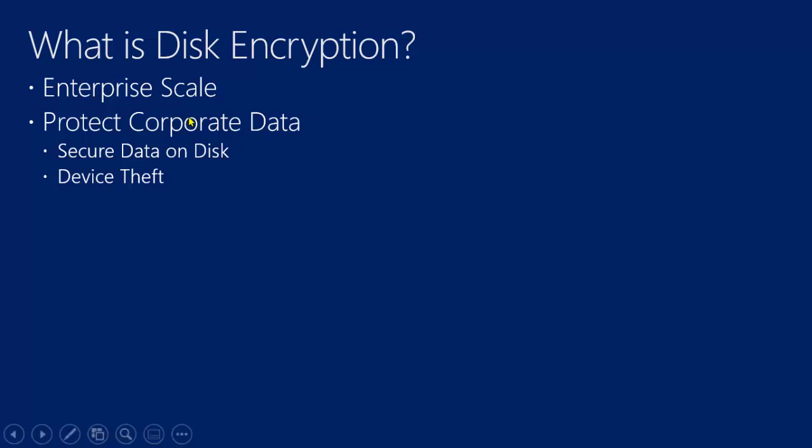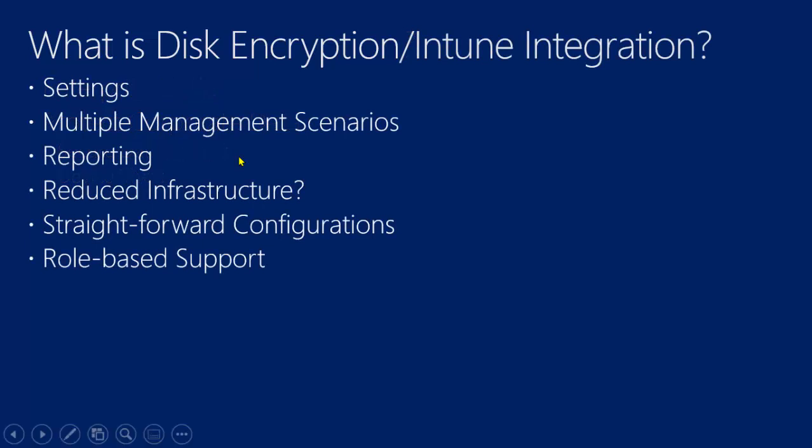So all of that. Now, what is disk encryption related to integration with Intune? Well, specifically, Intune provides a number of settings that allow you to configure exactly how disk encryption will be implemented in your scenario. So there's actually 2 places that we can go configure disk encryption, and frankly, there are 2 areas that we can go configure any of the endpoint protection configurations largely, right, in Intune.